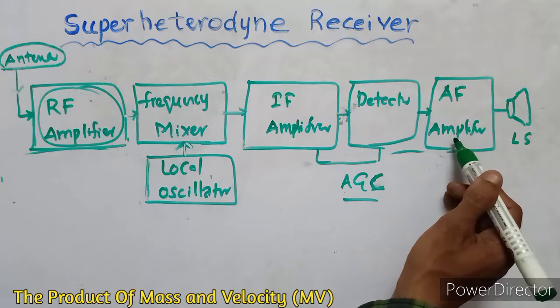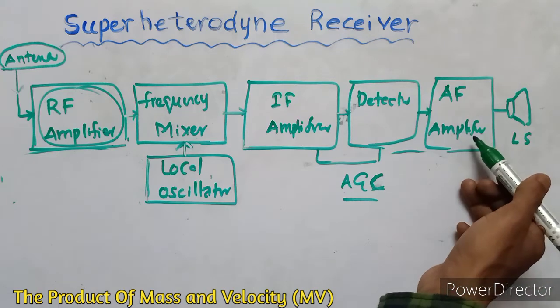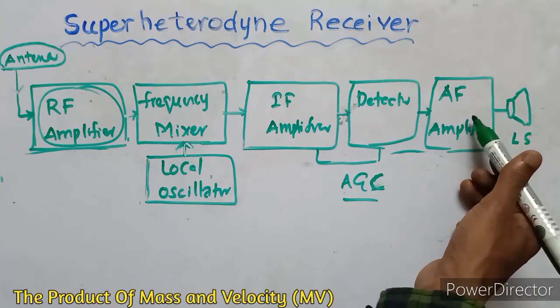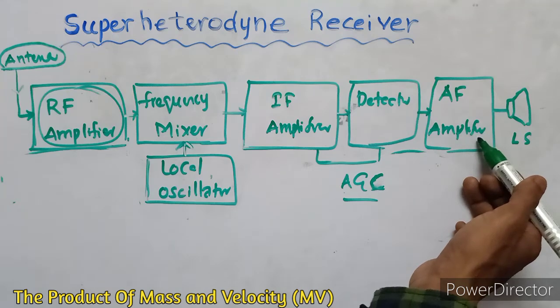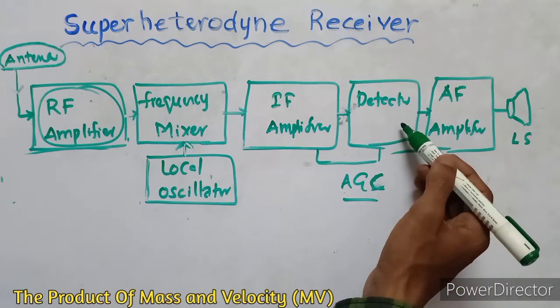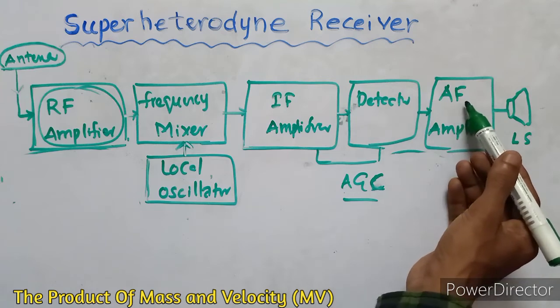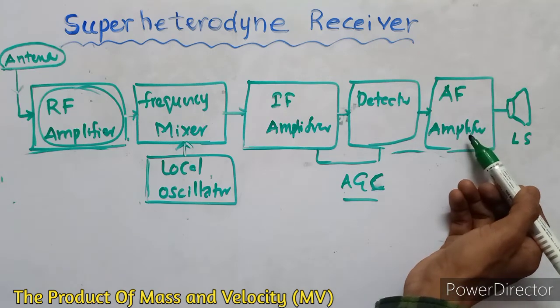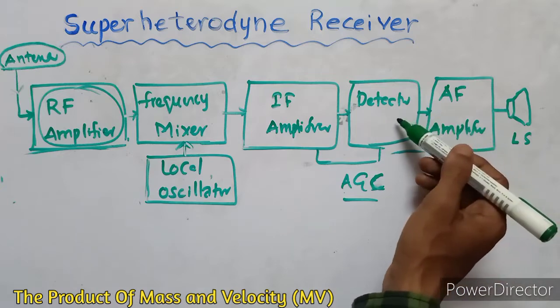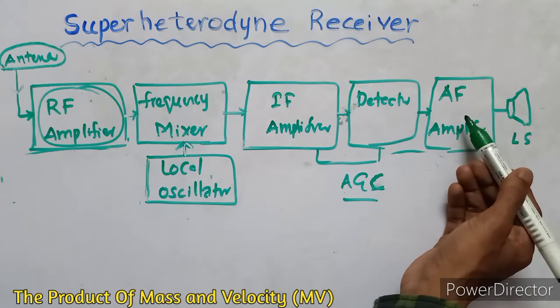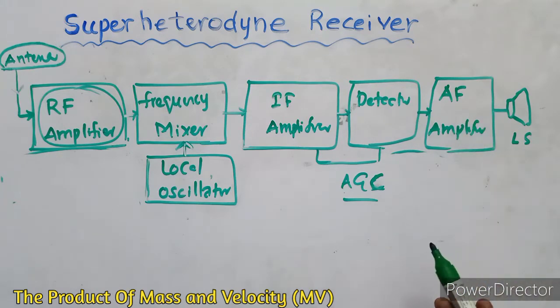Next, finally, is the audio frequency amplifier. The audio frequency signal is obtained at the output of the detector. There are so many signals here. Some are disturbances, some are heavy signals, some are low signals.